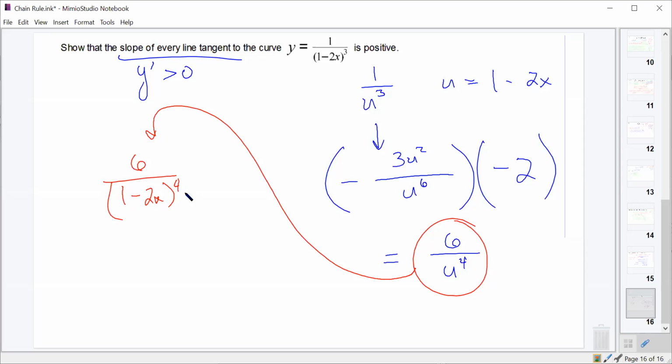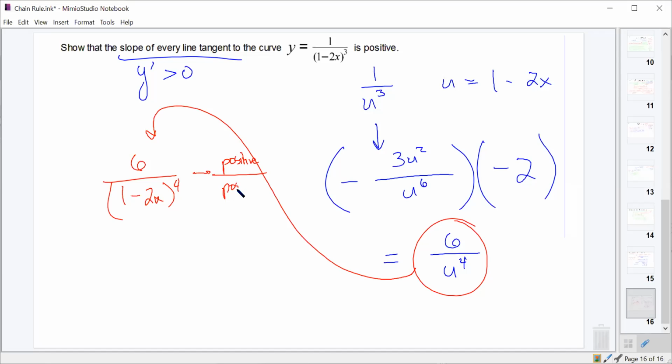And we want to know, why is this always positive? Well, it's something divided by something else. In order for that to be positive, both of these would have to either be positive or they both have to be negative. And 6 is always positive, right? What about (1 minus 2x) to the 4th power? It's also always positive, because we're raising it to the 4th power.